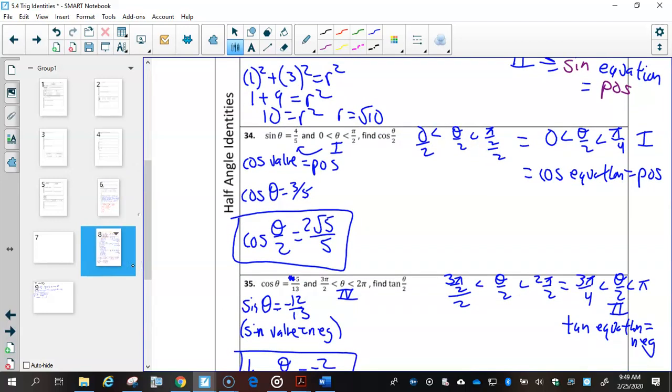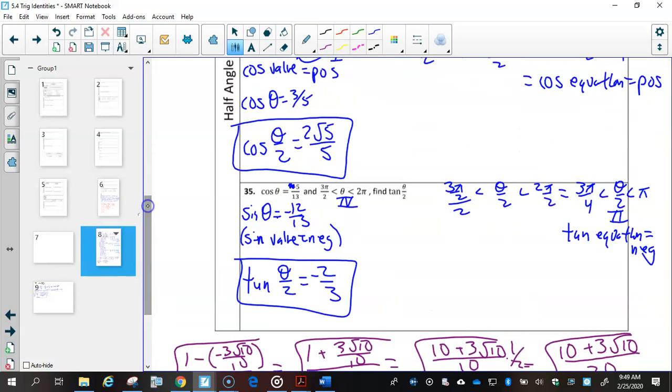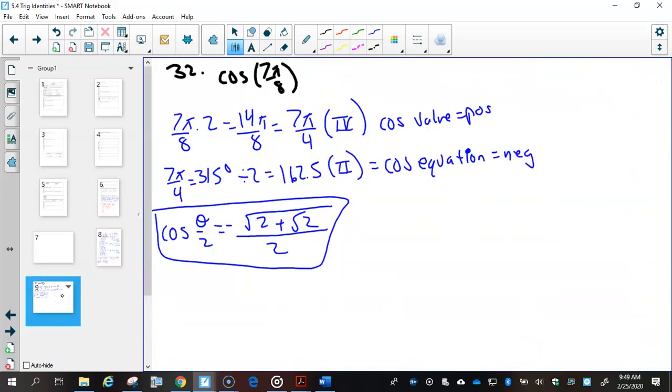Questions on 34? Yes. Okay. On another page.